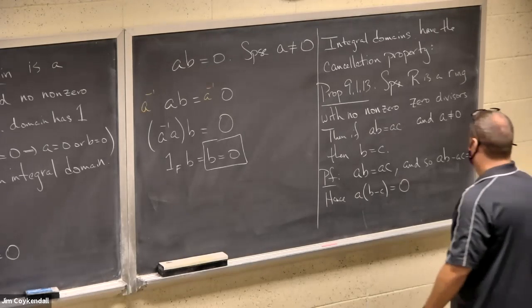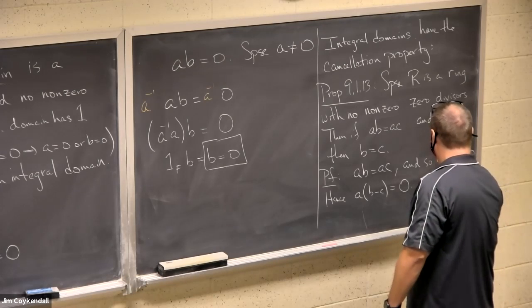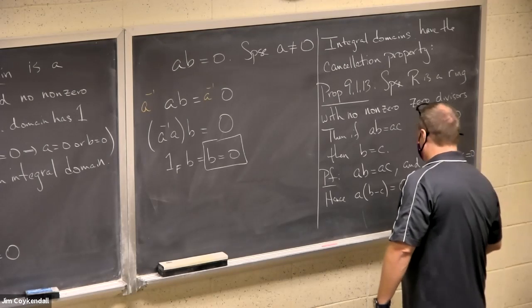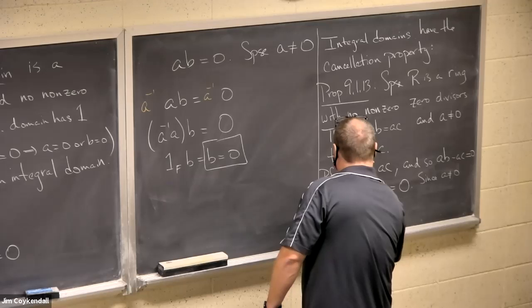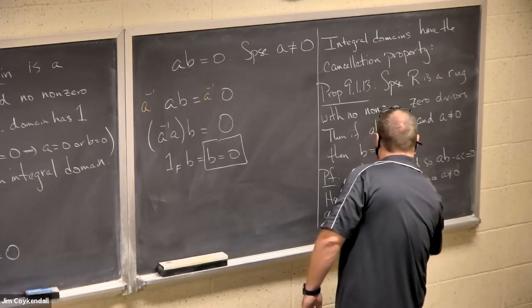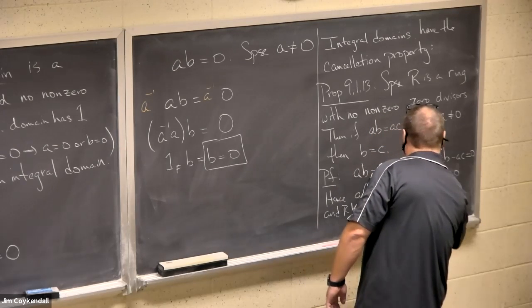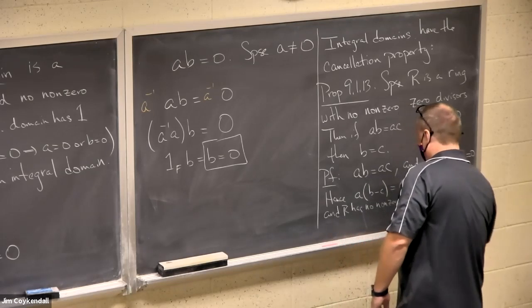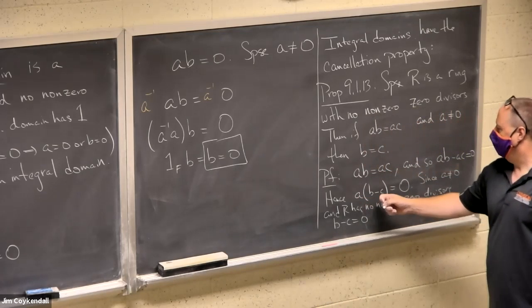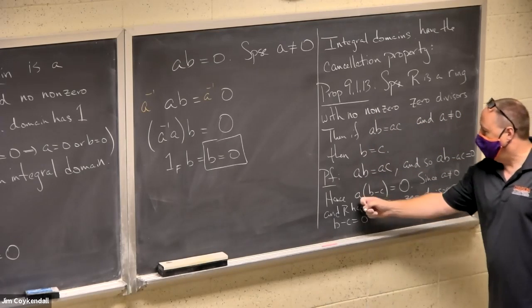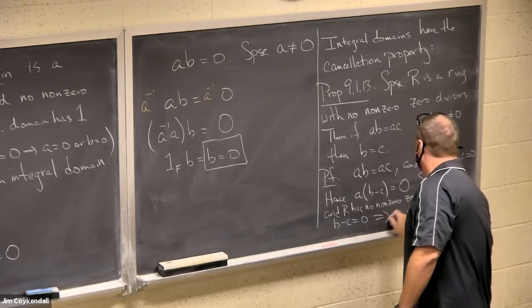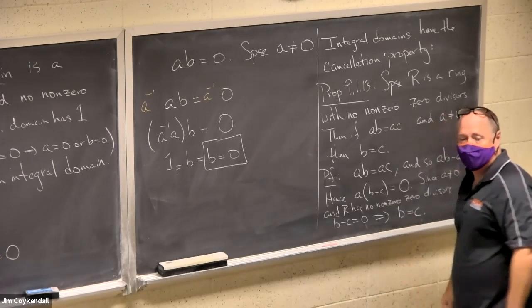Now, since A is not 0 and R has no non-zero zero divisors, you must have that B minus C is 0. Because this is 0, and this ain't 0, and since there's no zero divisors, this must be 0. And so I get B equals C at once.